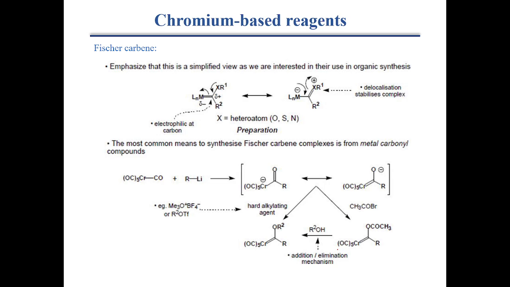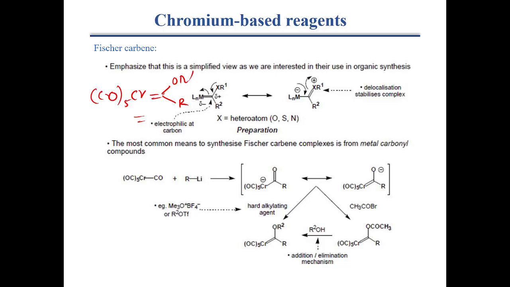Now I'm going to discuss chromium based reagents. First I'm going to discuss Fischer carbene. Fischer carbene is basically a chromium based carbene, with pentacarbonyl chromium, and any kind of R. This kind of compound is called Fischer carbene.